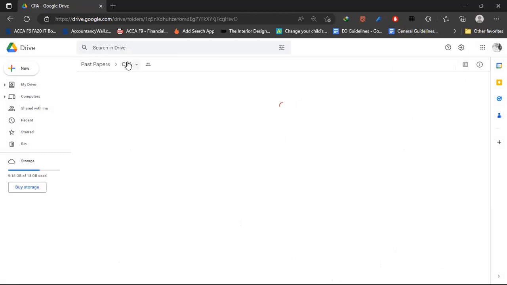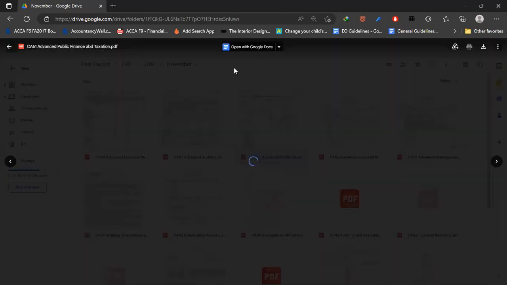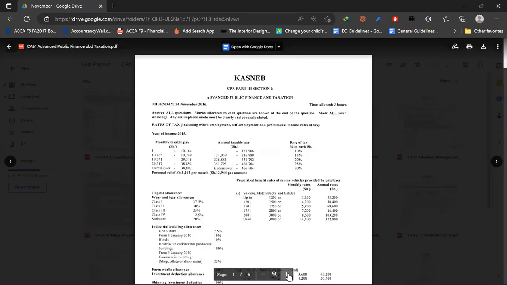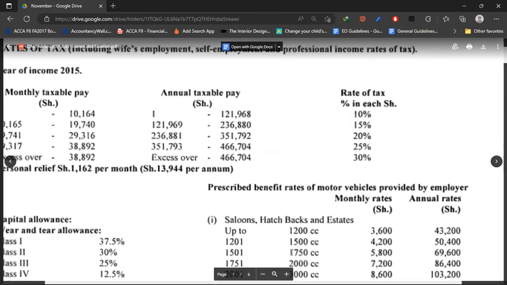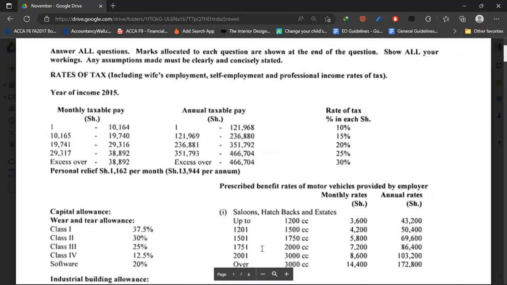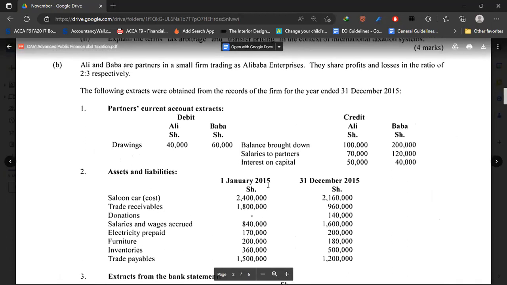November 2016, question 1B. It should be question number 1B.